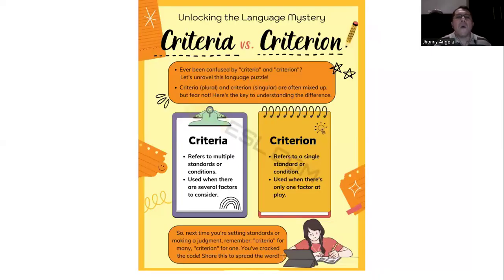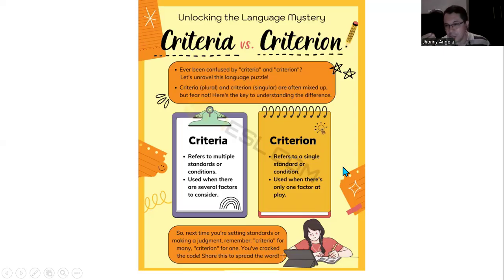Okay, now this is criteria. This is an example that I have in this presentation. Criteria refers to multiple standards or conditions used when there are several factors to consider, because it's plural. Criterion is more specific.